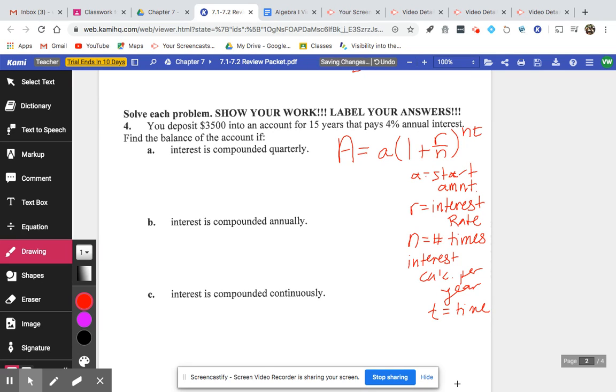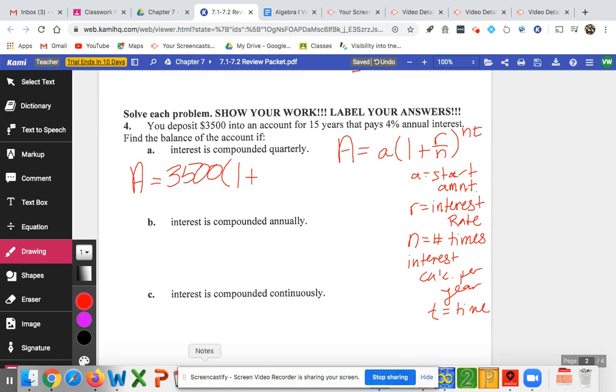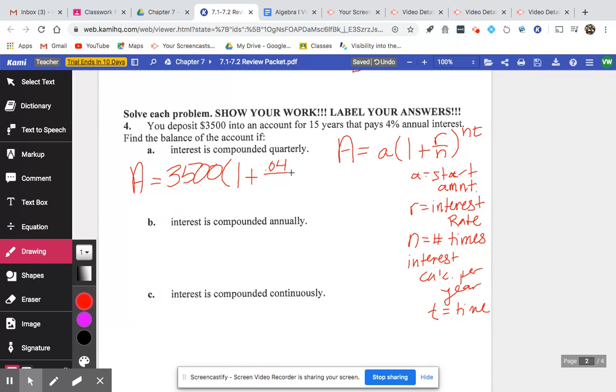Okay. This time it's quarterly. Quarterly means 4, 4 quarters in a year. So the amount that we want is $3,500 times 1 plus my rate. 4% written as a decimal is 0.04 over 4. Now we raise that to the 4 times the years, 15 years.